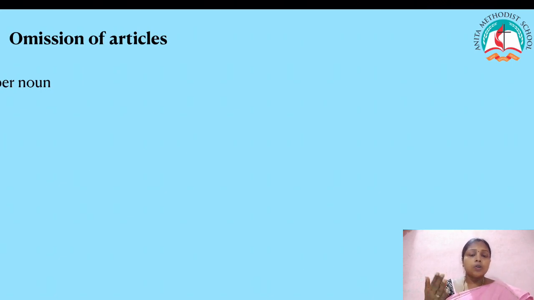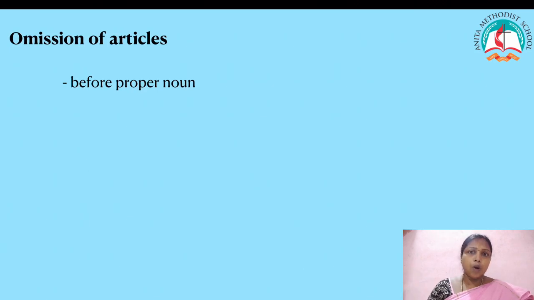Your name is a proper noun. Places like Chennai, India are all proper nouns. So before a proper noun, we have to omit articles. We should not use any of the three articles. Right, children?